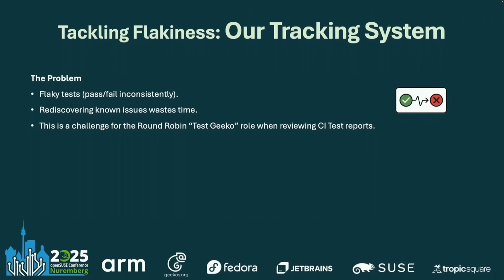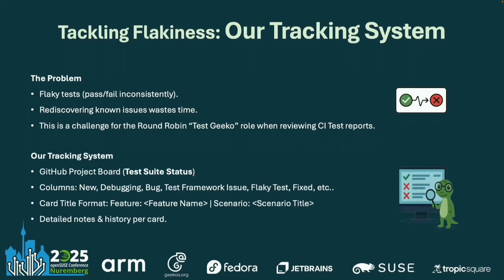So our first important step was to create a strong way to track these issues using a GitHub project board. This board, which we call test suite status, has different sections, columns in fact.